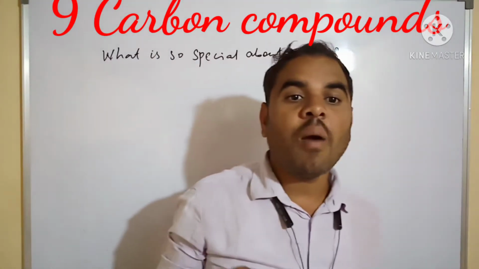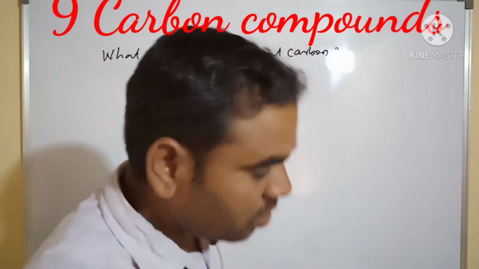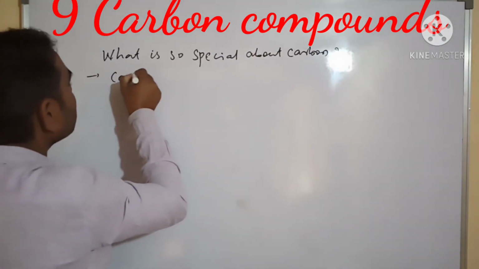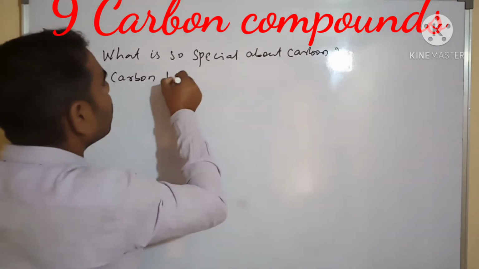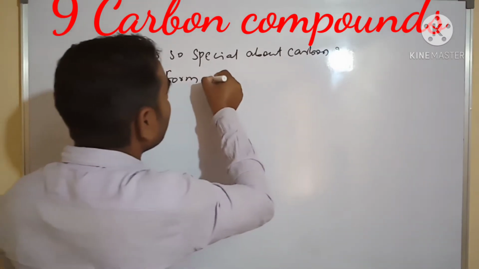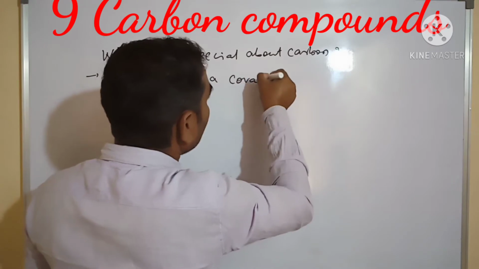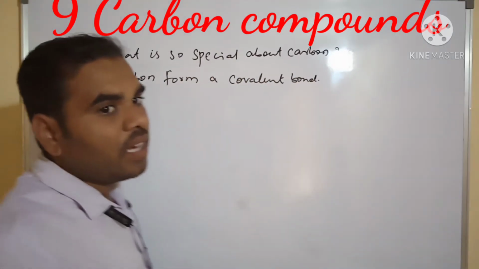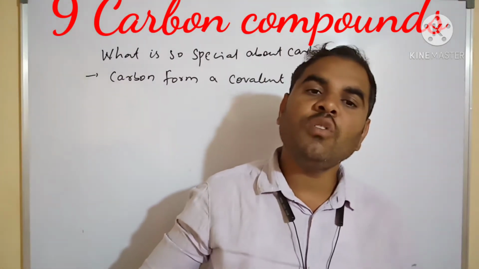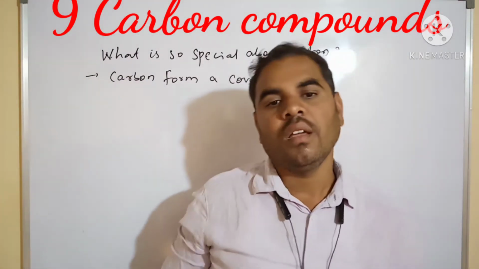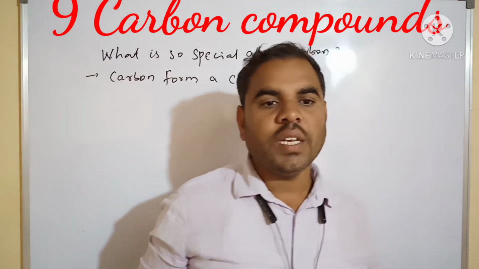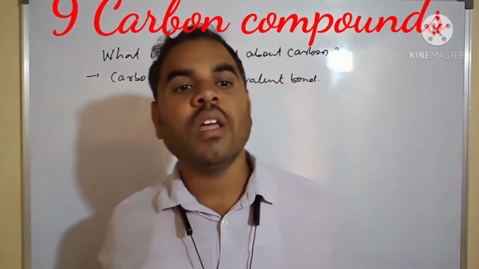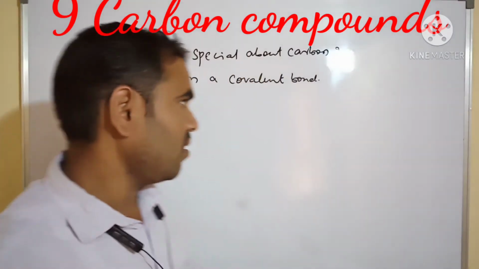Carbon forms covalent bonds. That is the first point: in between the series, carbon forms covalent bonds with other elements.